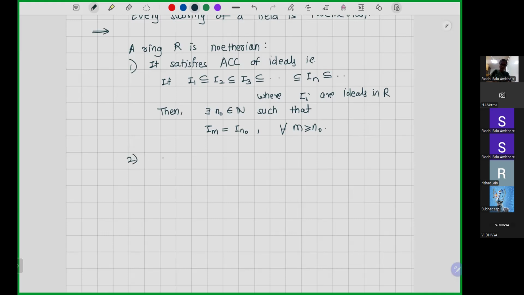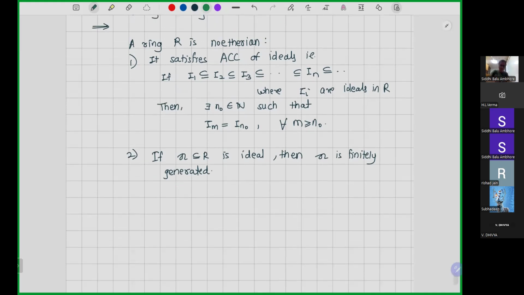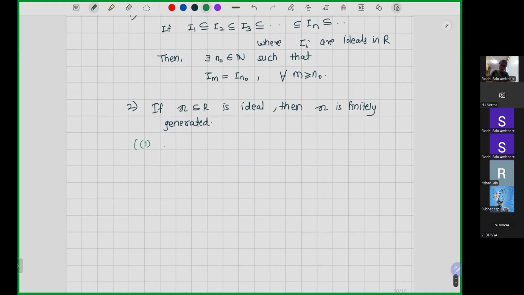Equivalently, if A in R is an ideal, then A is finitely generated. These two are equivalent conditions, 1 and 2.